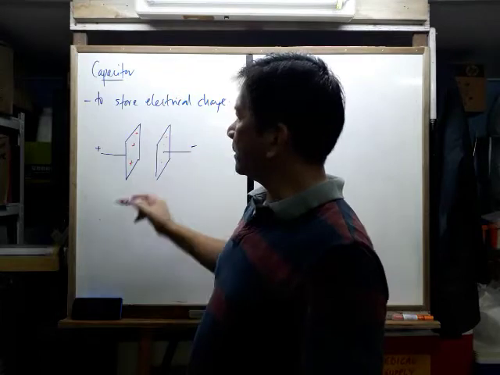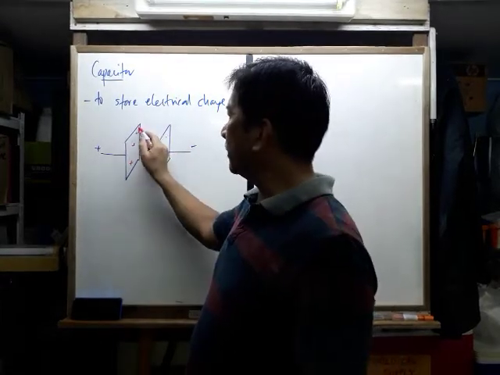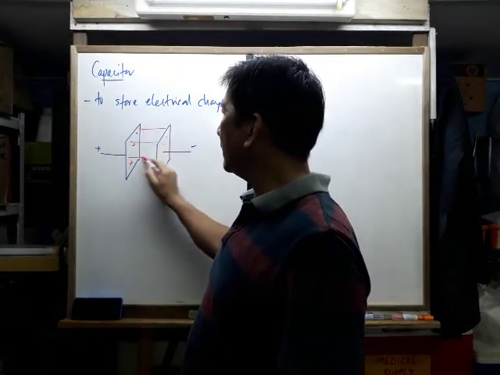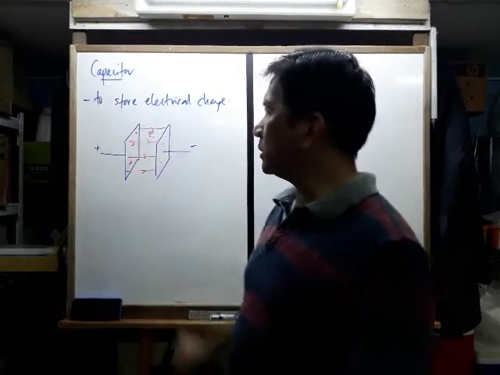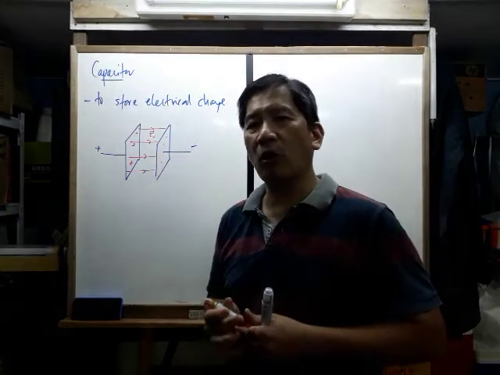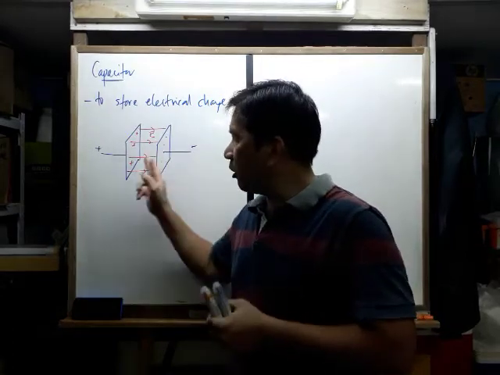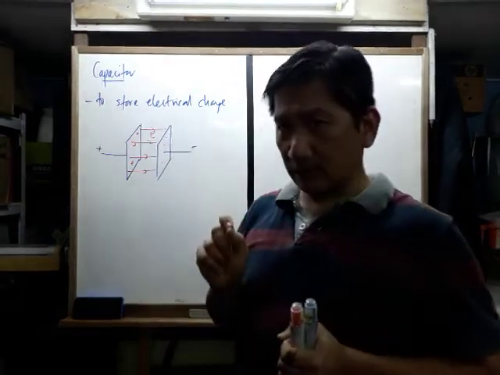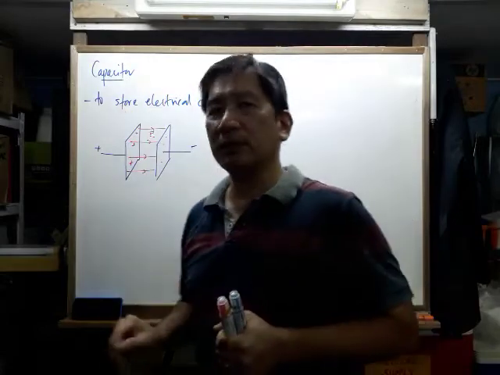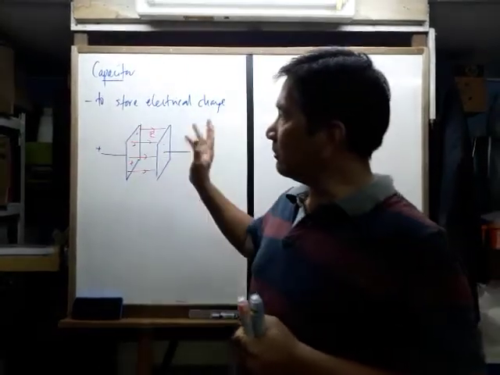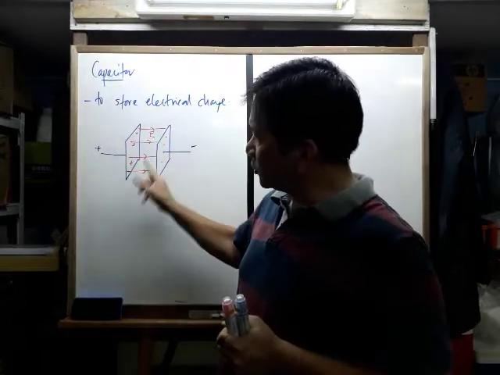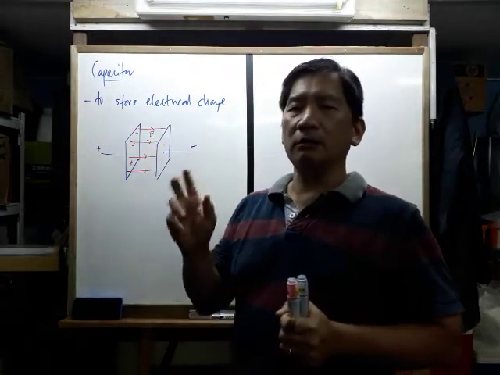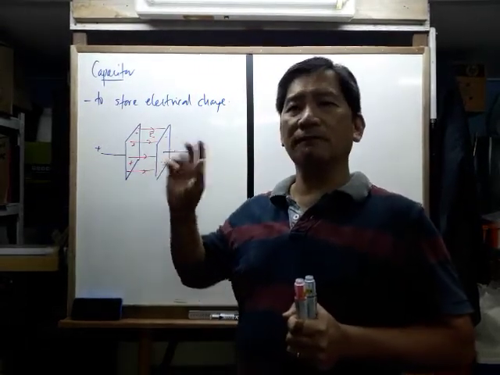So when you have a potential difference between two parallel plates, you are creating an electric field. That electric field will stay there as long as the charge on the plates exists, even though you take away the battery. That's the beauty of this. Theoretically, the charge that stays inside the plates would last forever.